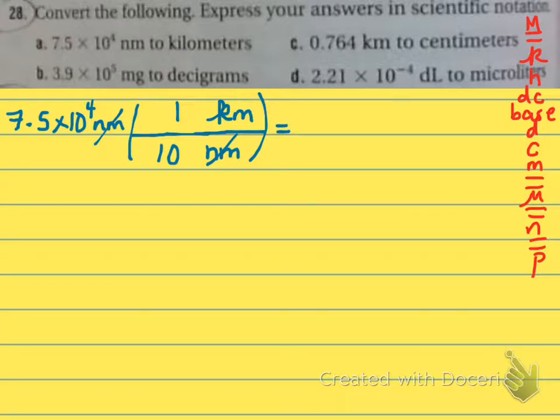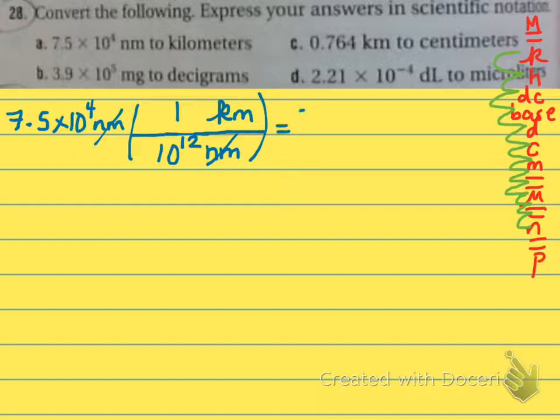So we're starting at kilometers. 1, 2, 3, 4, 5, 6, 7, 8, 9, 10, 11, 12. So it should be 10 to the 12th.